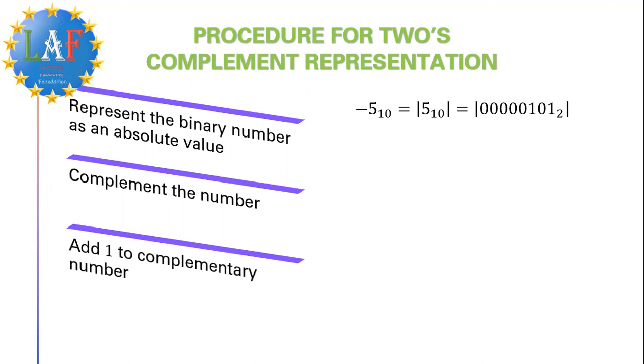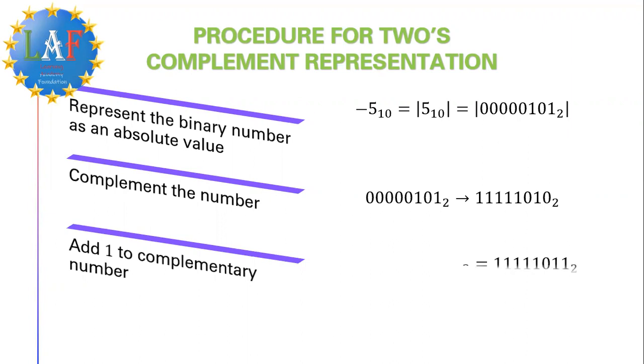So first represent the binary number as an absolute value. So negative 5 in decimal base 10 is equal to the absolute value of 5 in base 10, which is equal to 0, 0, 0, 0, 0, 1, 0, 1 in base 2. Then complement the number. So the 1 becomes 0 and the 0 becomes 1. So 0, 0, 0, 0, 0, 1, 0, 1 in base 2, if we complement the number, becomes 1, 1, 1, 1, 1, 0, 1, 0 in base 2.